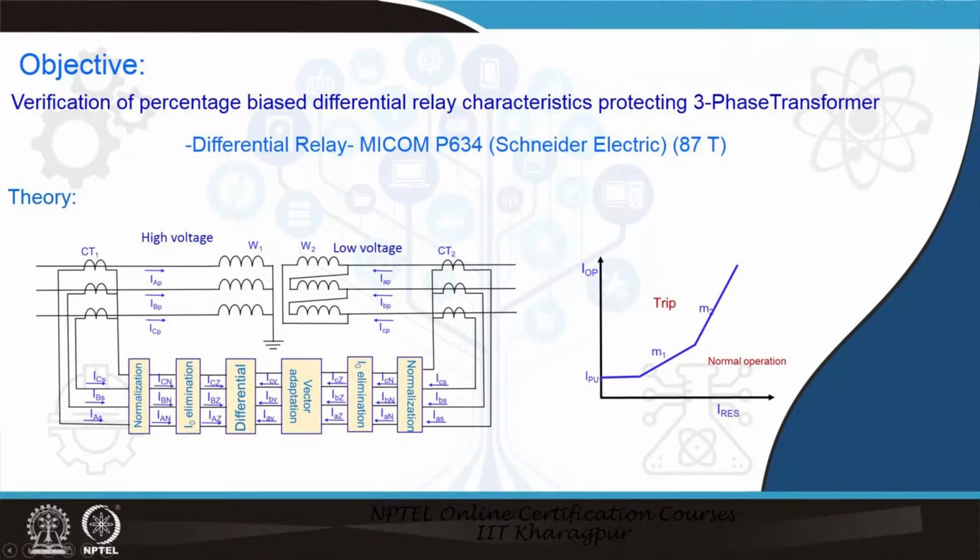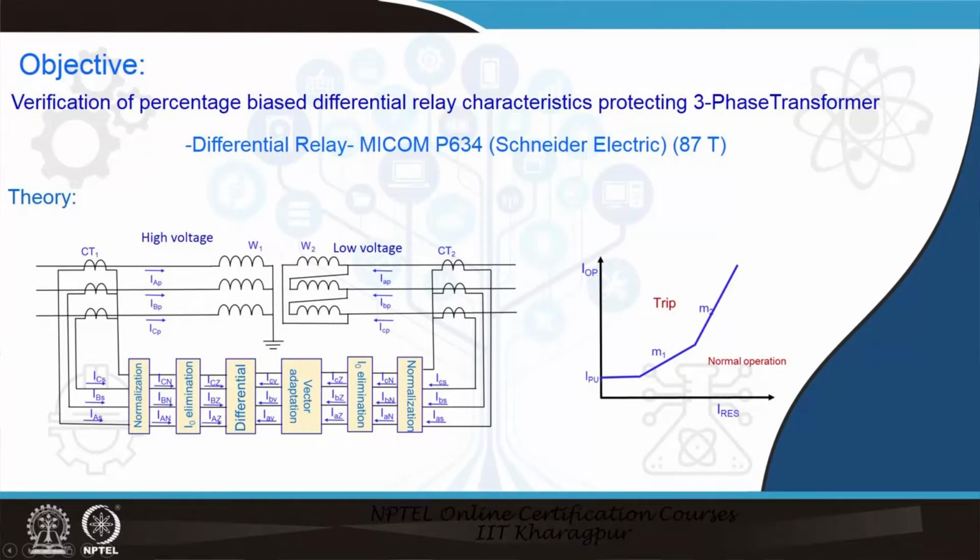That point is nothing but the corresponding characteristic point. Given the settings of M1, M2 and IPU in the relay, we would like to verify whether the corresponding characteristic is obtained for the particular setting and arrangement for the transformer or not.